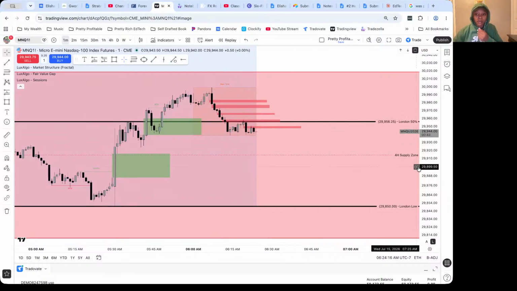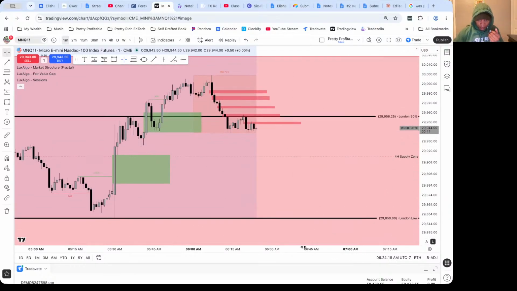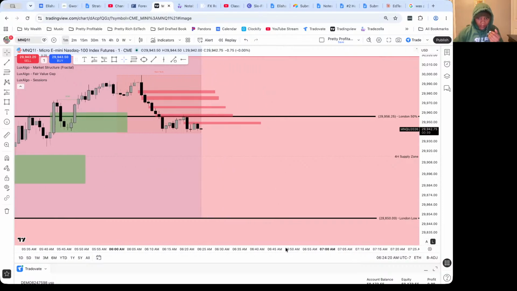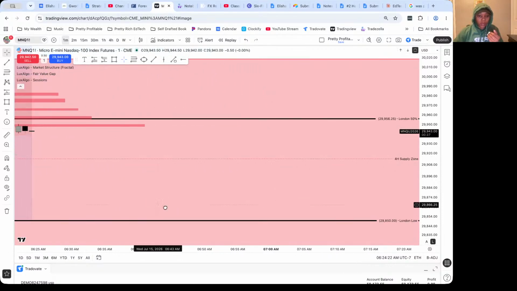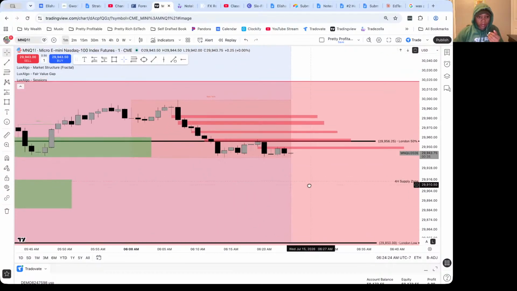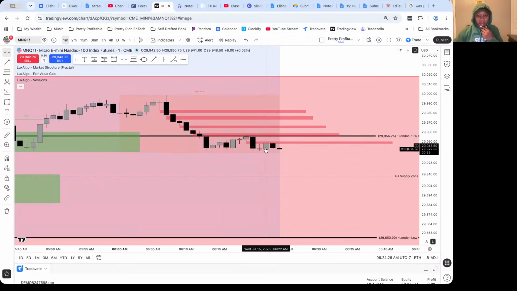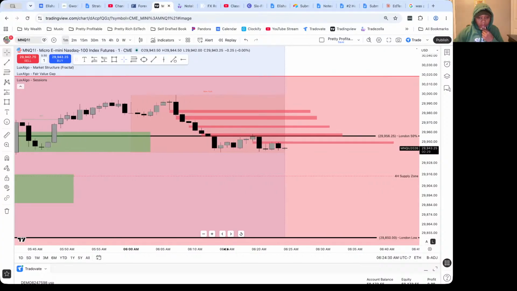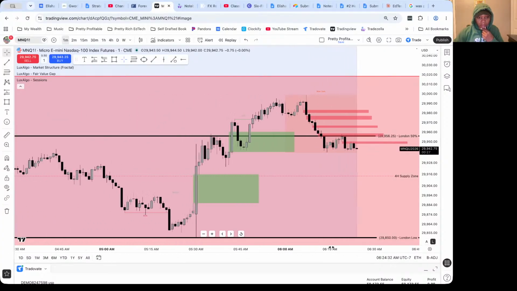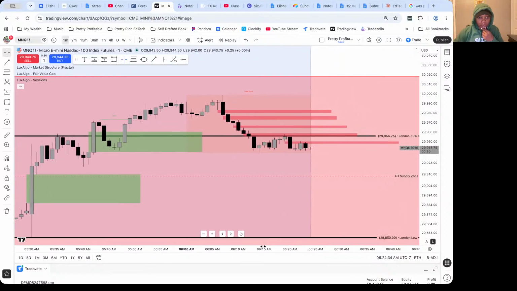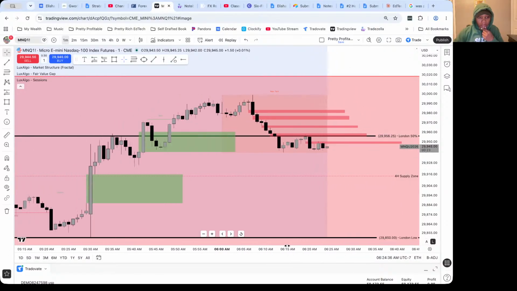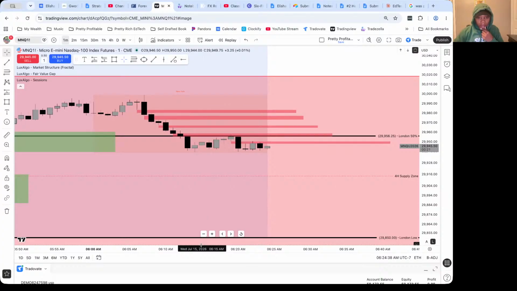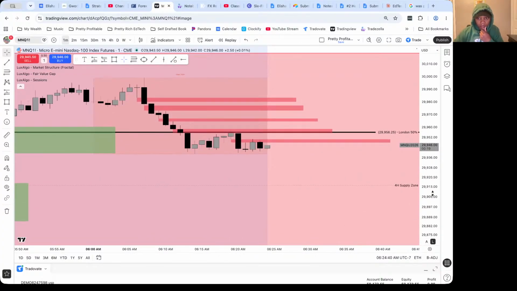So now I need to be more on point with this. Let's see what we got going on. I've been trading inside of this the whole day.